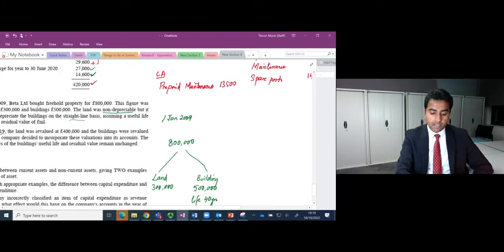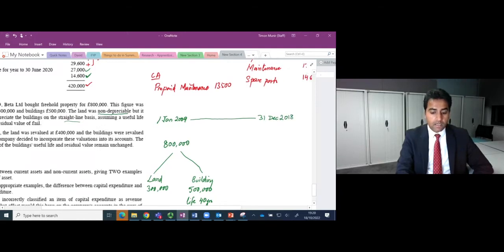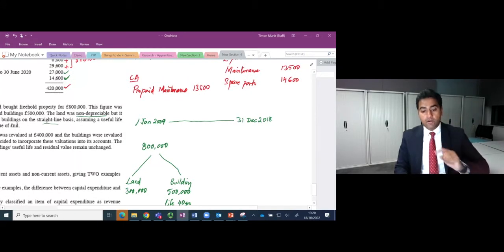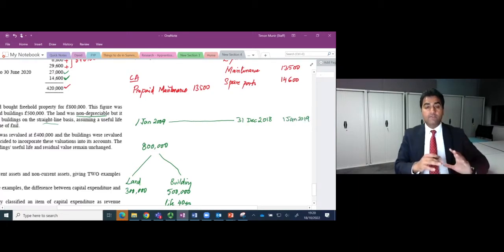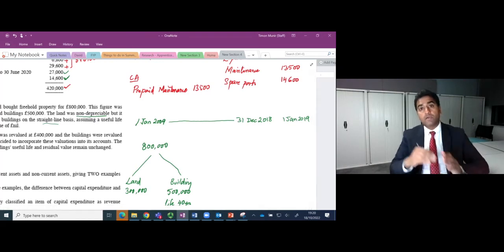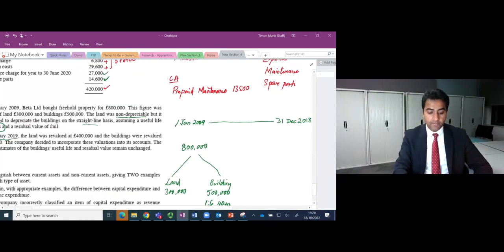From 2009 until 31st of December 2018, which is one day before 1st of January, the new year, 2019, we will have the closing balance, which will become the opening balance for 1st of January 2019.